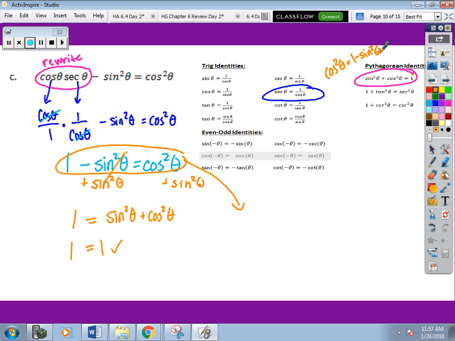If you notice that, you could just say cosine squared equals cosine squared and be done with your check. Because you would have 1 minus sine squared, which is the cosine squared. So cosine squared equals cosine squared. That's an alternate ending to the problem. You just have to get that the left and right are equal in a logical fashion. That makes sense.